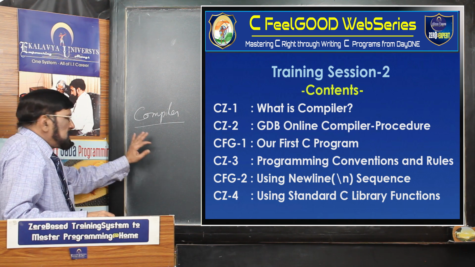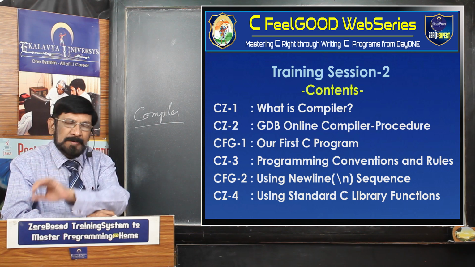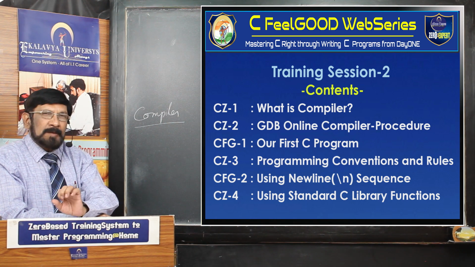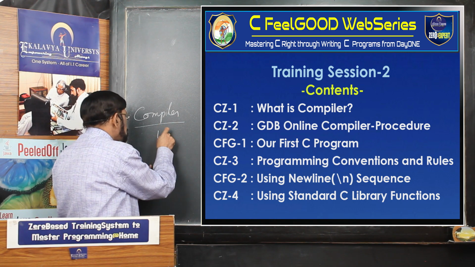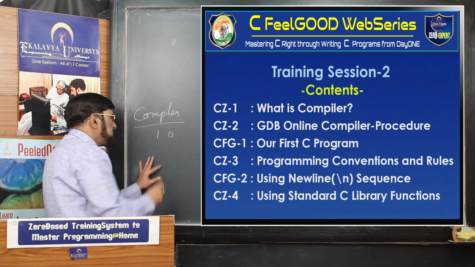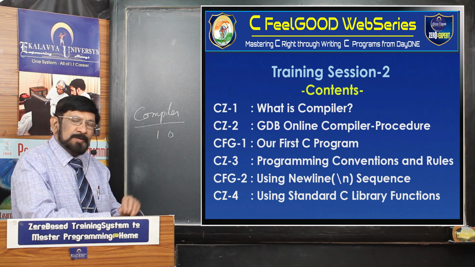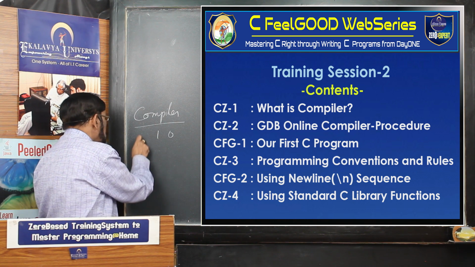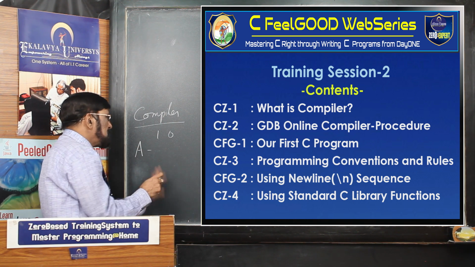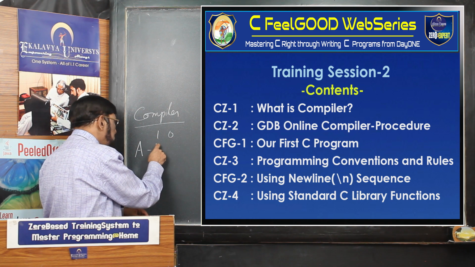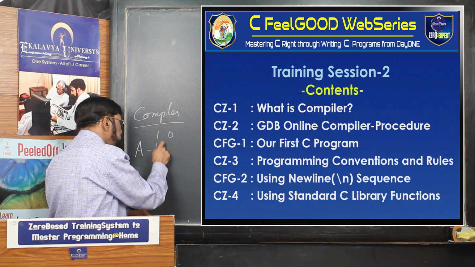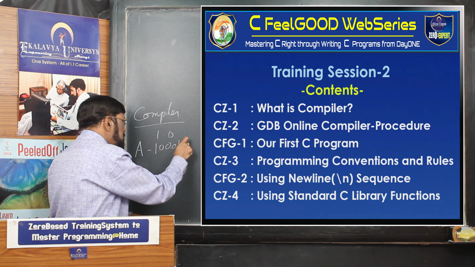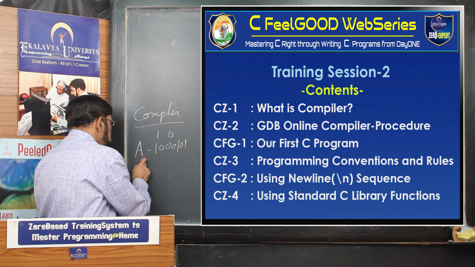Now briefly I explain here, just a pointer. Computer's language is binary, 1, 0. That means for every character we are using on the keyboard, one specific code is there.